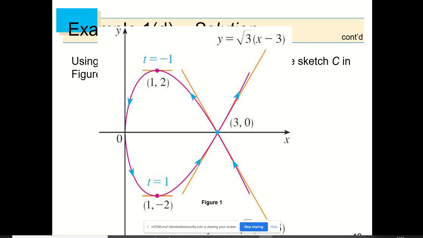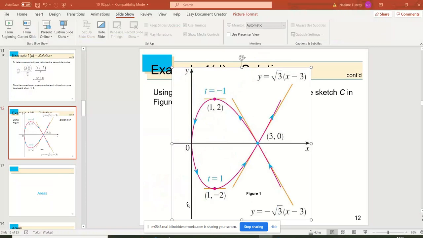There are two tangent lines because our curve comes like this. Watch the arrows. It comes from here, it goes and it goes back. So this is the first tangent line and this is the second tangent line. Therefore, we have two results.